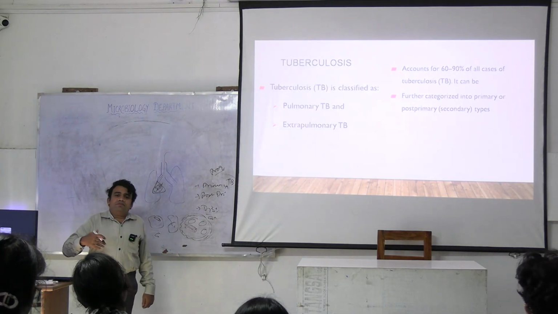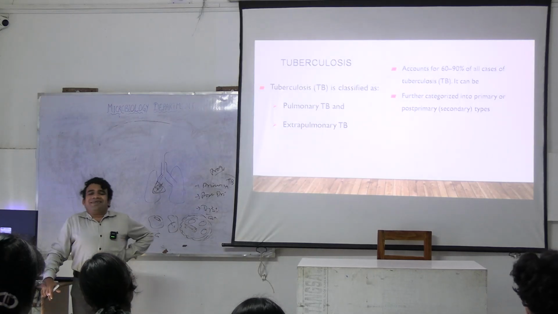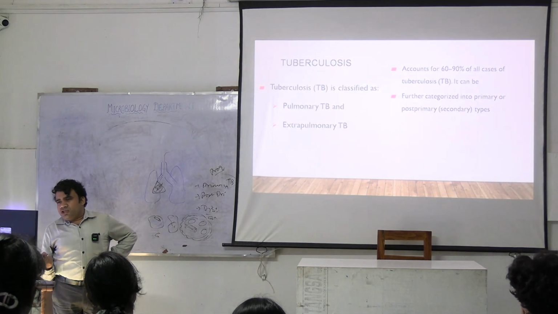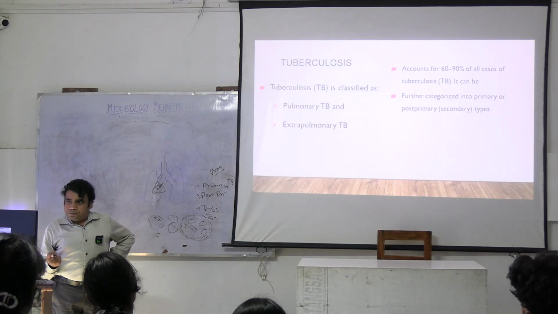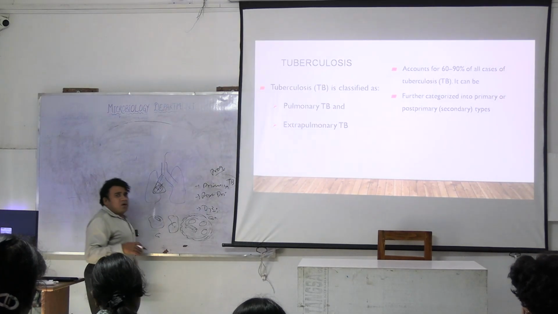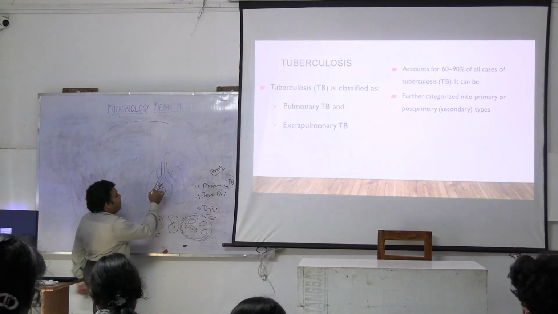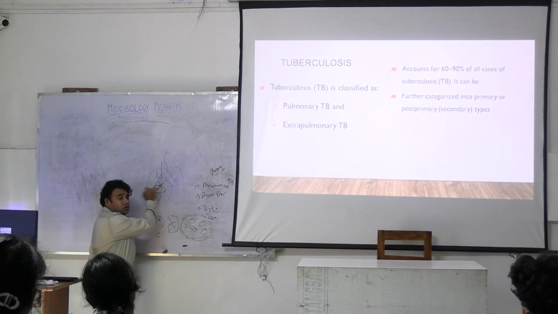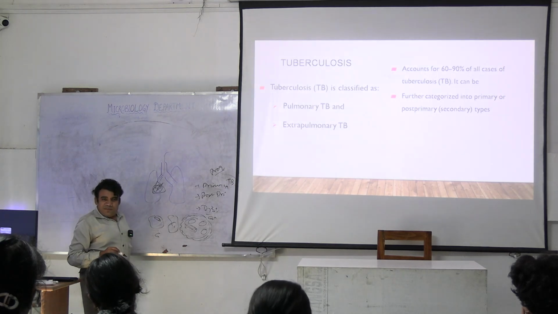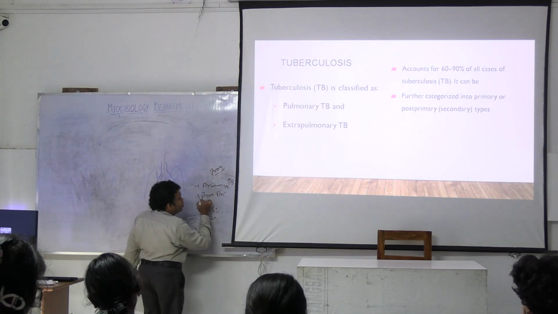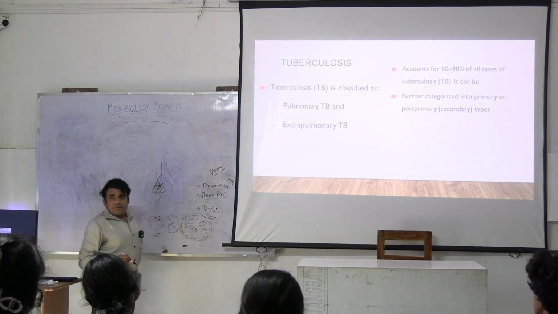Now the person grows old. At some point of time, because of any scenario, the body's immune system may go down. At that point of time, or maybe because of any other infection, the bacteria may come out of this focus, from this lymph node again into the lungs. ঠিক আছে, সেটাকে বলা হয় post primary tuberculosis.